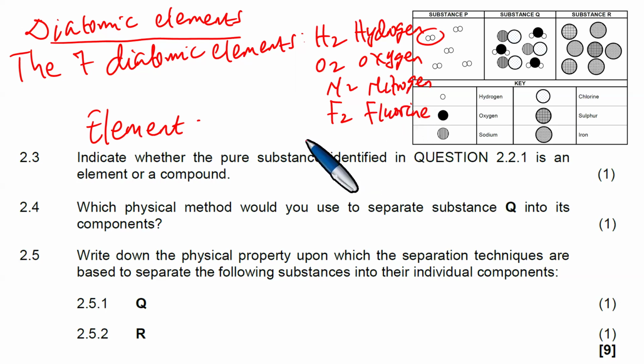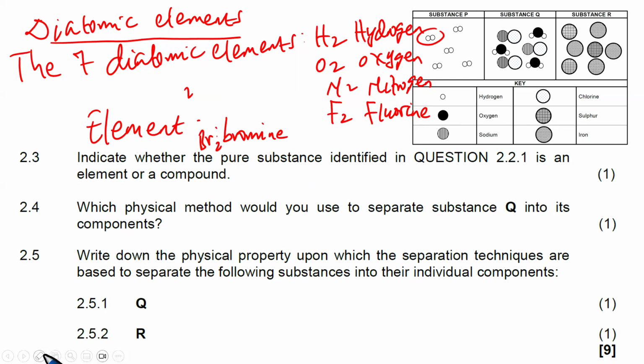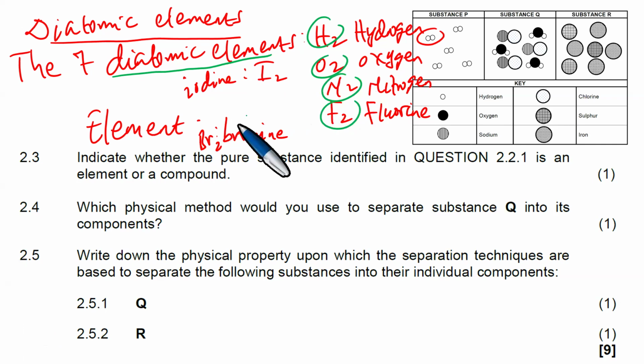Fluorine is diatomic. And we also have bromine, Br2, which is also diatomic. And then we also have our friend iodine, also diatomic. So we're just mentioning the 7 diatomic elements: H2, O2, N2, F2, Br2, iodine.